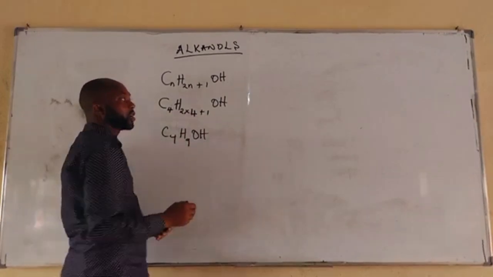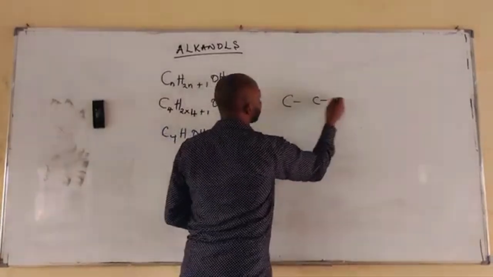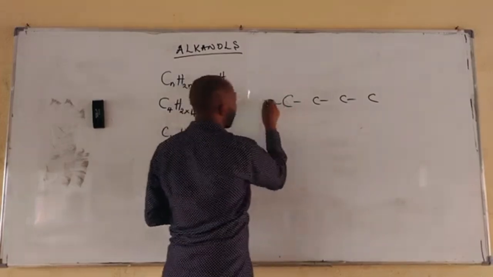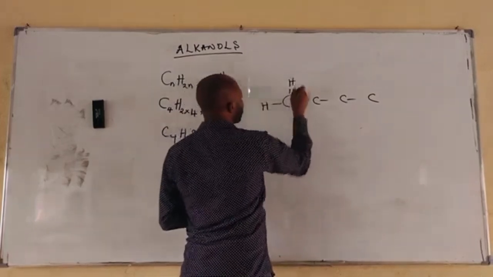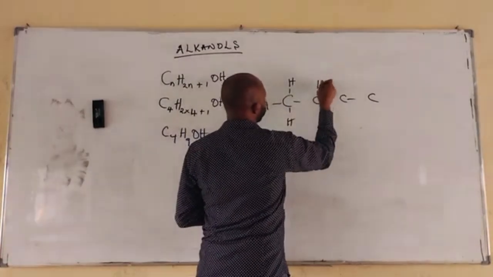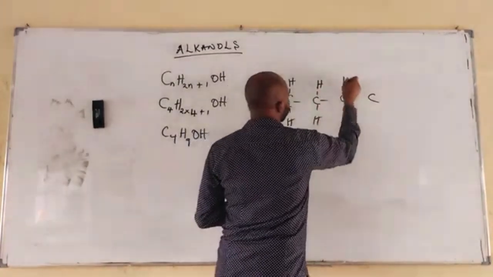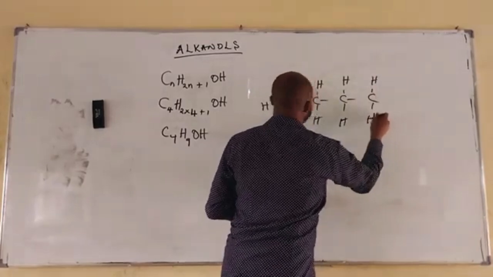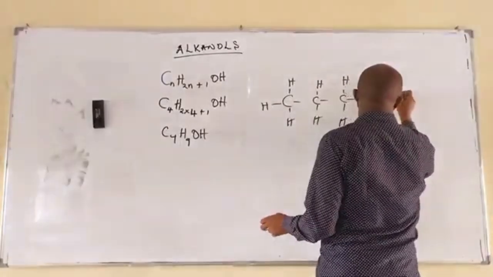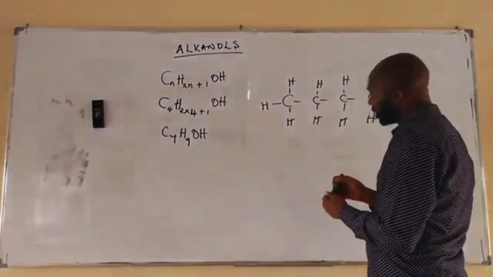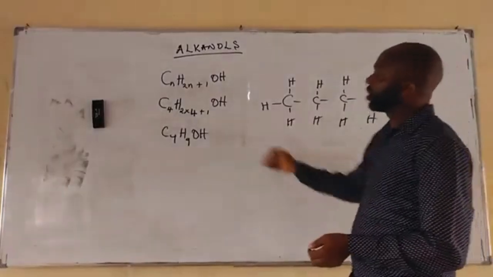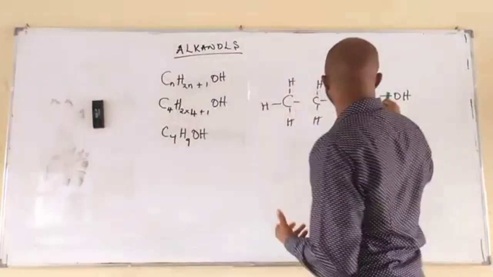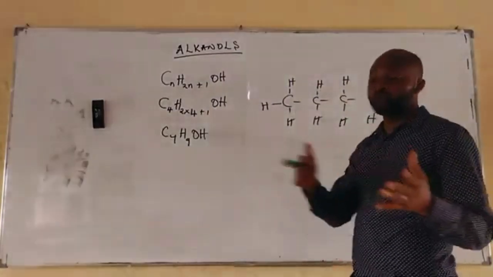And the structure therein becomes 1, 2, 3, 4, that's for the carbon atoms. Hydrogen, we have 9: 1, 2, 3, 4, 5, 6, 7, 8, 9, and the OH here is 1. So this becomes the structural formula for the compound butanol, or butan-1-ol or 1-butanol, as the case may be.